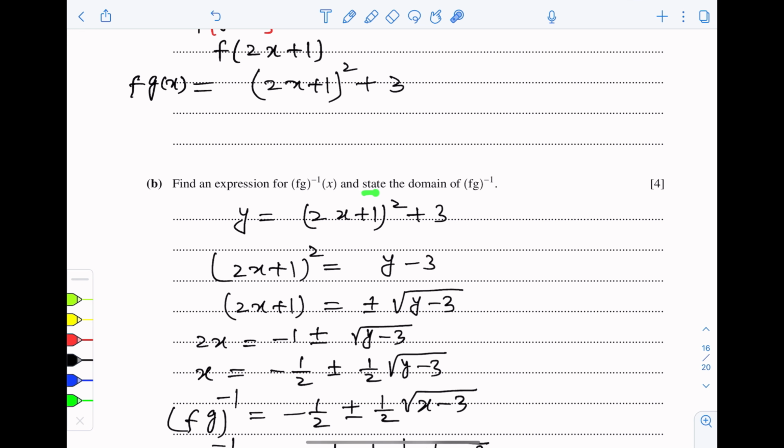Now we have to state the domain of fg inverse.